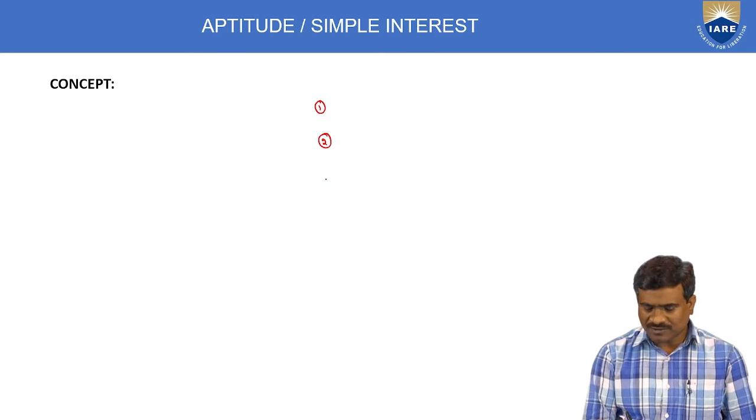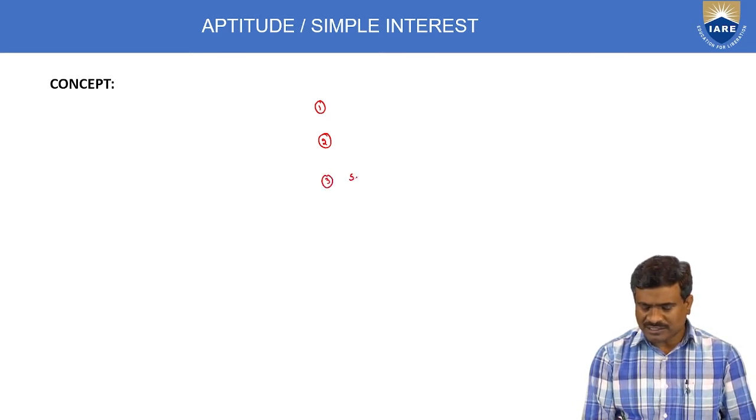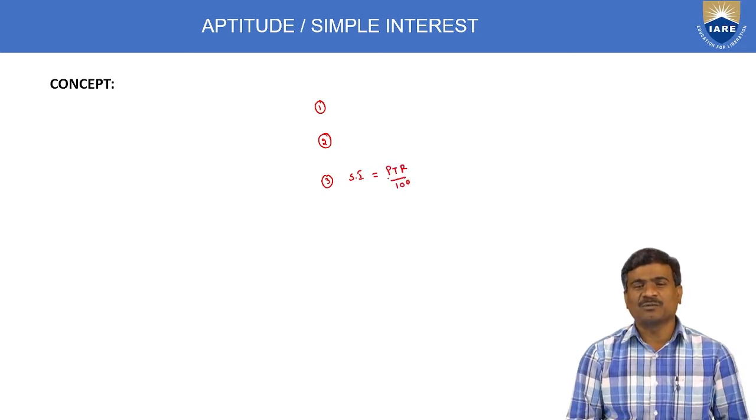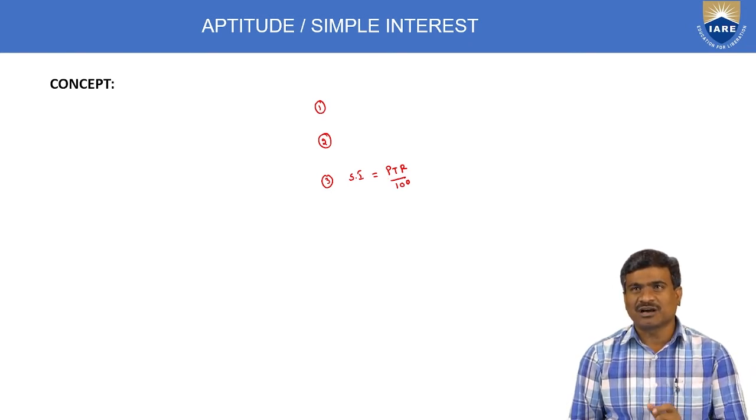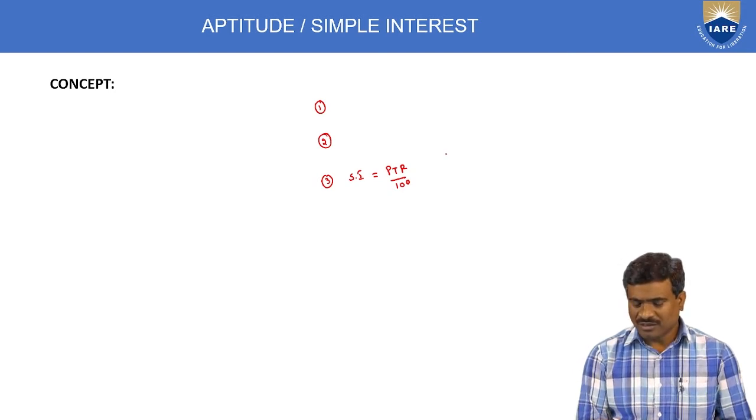Third point: simple interest is equal to PT or by 100, where P indicates principal amount or sum, T indicates time in years, R indicates rate of interest per annum.